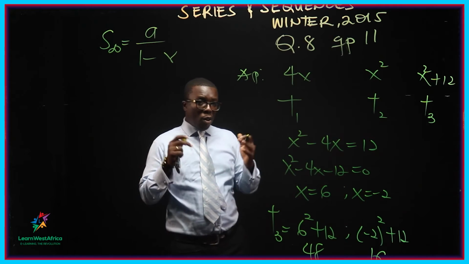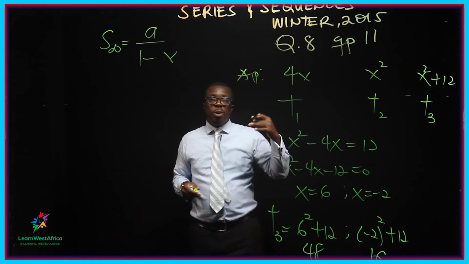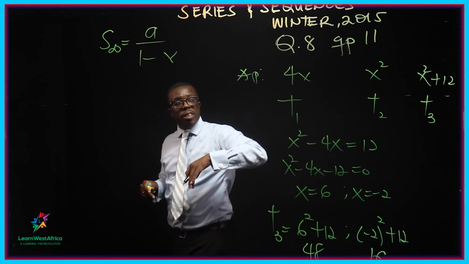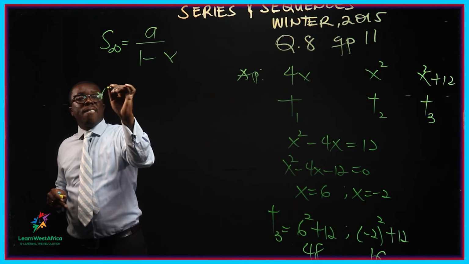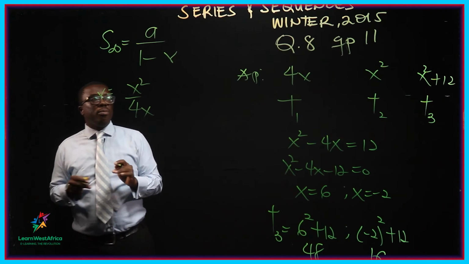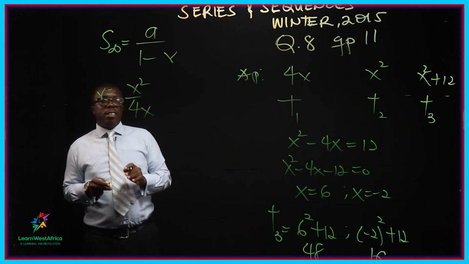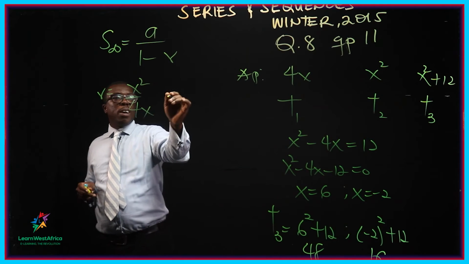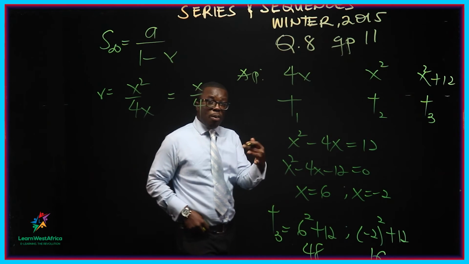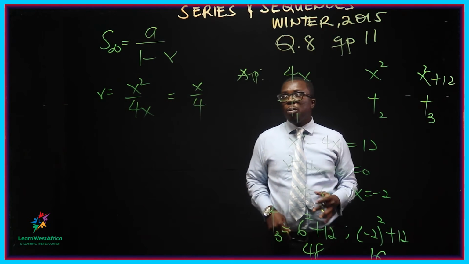The common ratio of a geometric progression, which we always achieve by dividing the succeeding term over the preceding term. So our r will be x squared over 4x. Now, when we resolve that, we have x over 4.